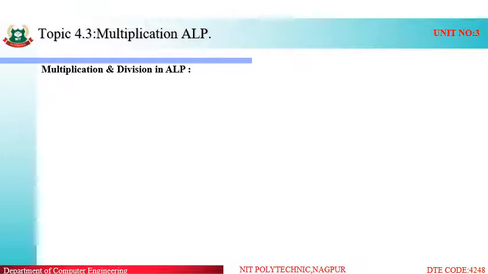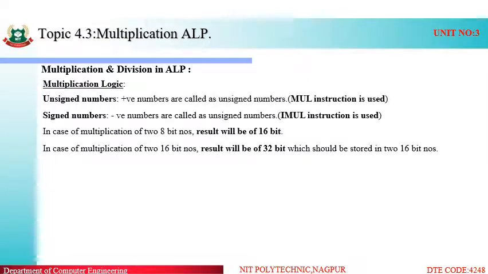Now coming to the multiplication and division in assembly language programming, that is how to perform a multiplication of two 8 or 16 bit numbers or to perform division of 8 or 16 bit numbers. So in case of multiplication in 8086 we assume two types of number, that are unsigned numbers.